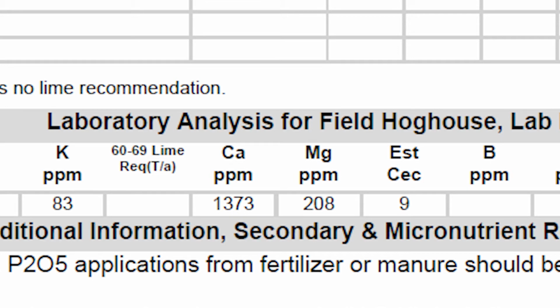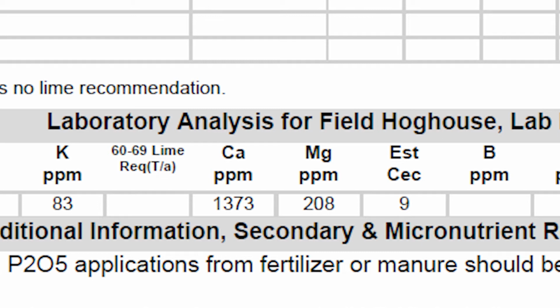A couple other values that are on here are magnesium and our calcium. So those are 2 numbers that we're going to want to pay attention to based on some interactions between the 2 nutrients. When calcium and magnesium ratios are out of balance, sometimes if the calcium's way too high or the magnesium is way too high, those nutrients can lock each other up and make one unavailable for plant uptake.